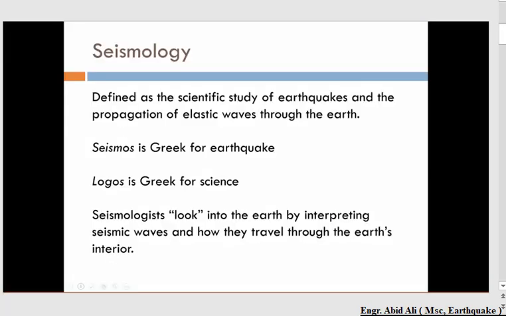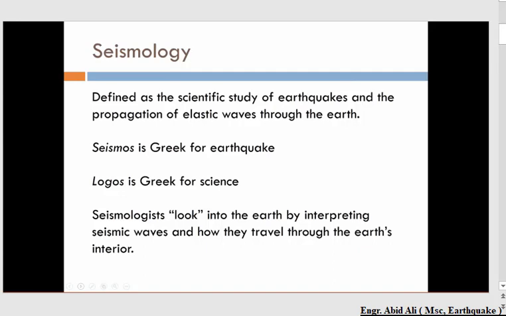Seismology is the scientific study of earthquakes and how waves propagate and move through the earth. So seismologists are kind of like people who are interested in acoustics. It's how waves and energy are moving through a medium.